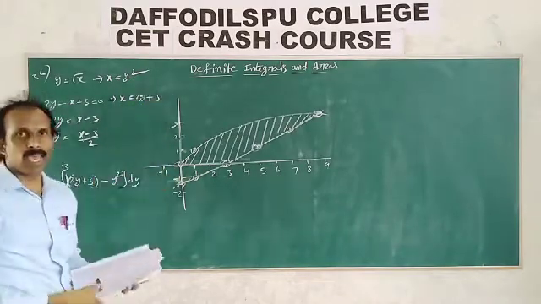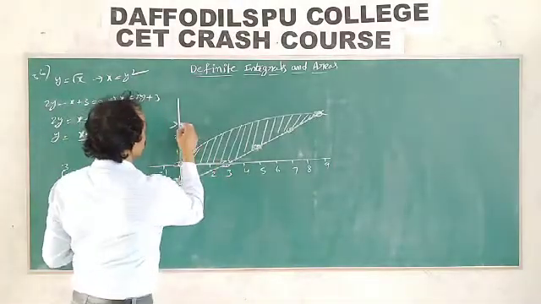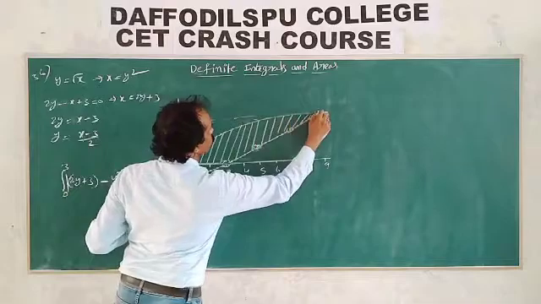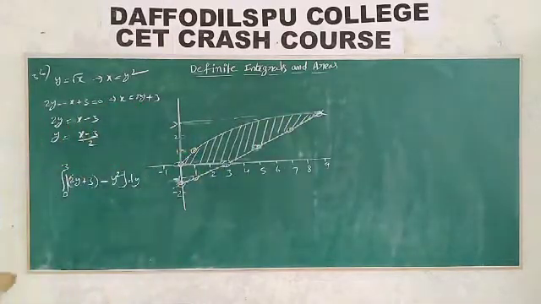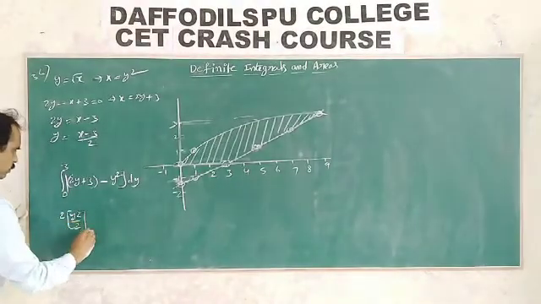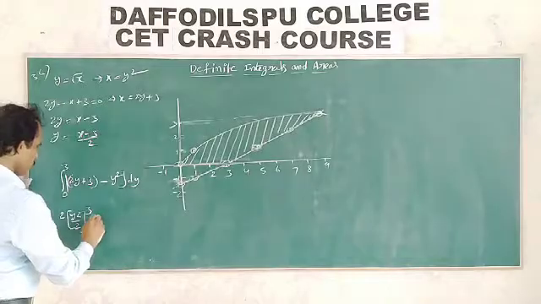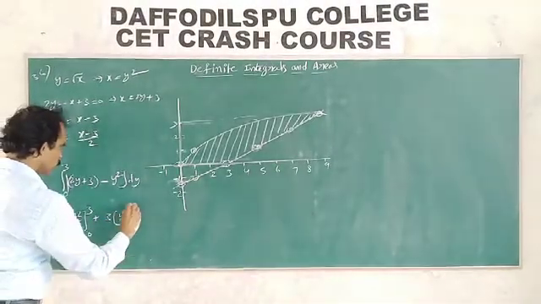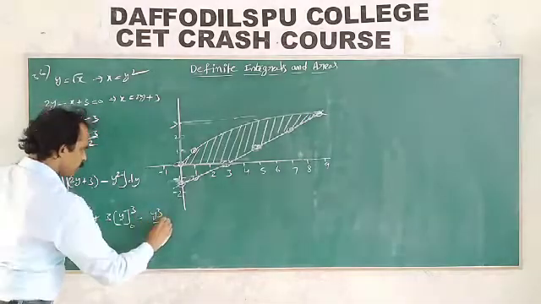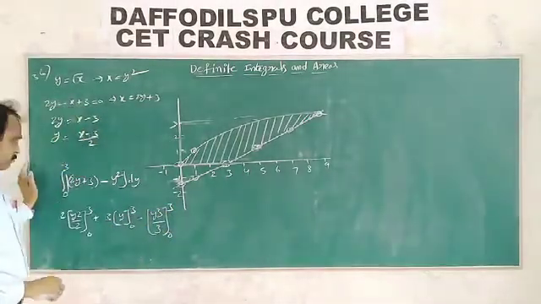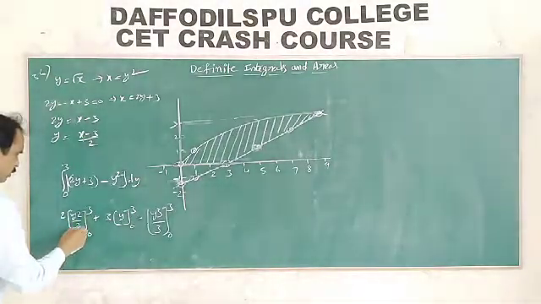So what is this integration? 2 into y square by 2 from 0 to 3, plus 3y from 0 to 3, minus y cube by 3 from 0 to 3.